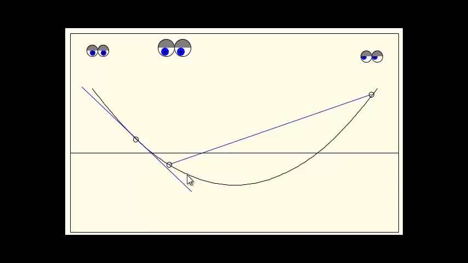So now the average gradient between two points like this is given by the gradient of the second line.